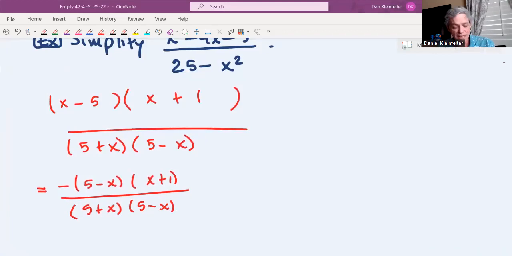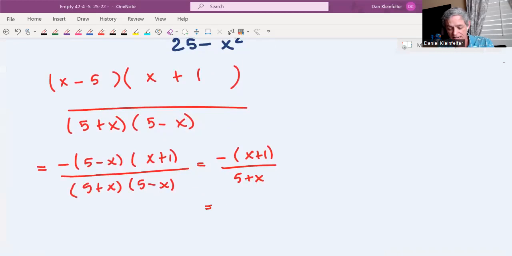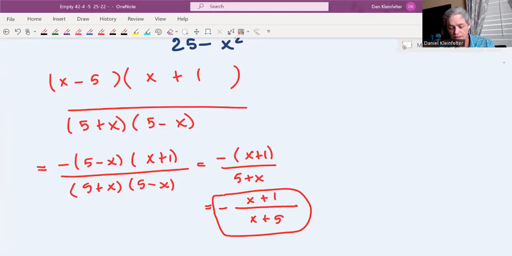Now the two 5 minus x's will divide out, leaving negative (x plus 1) divided by 5 plus x. And that's it. You can leave it like that. I like to put the negative in front of the entire fraction. I just think it looks a little nicer. And I'm going to turn the 5 plus x into x plus 5 just because I'm used to seeing the variables in the front. But either of these last two is okay.